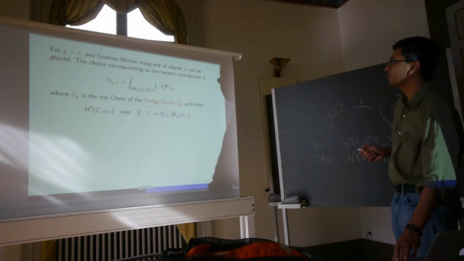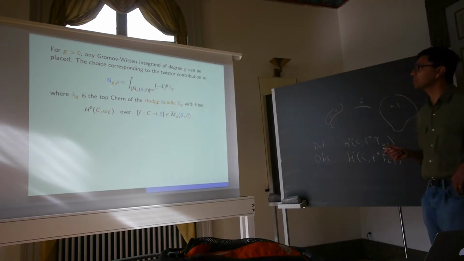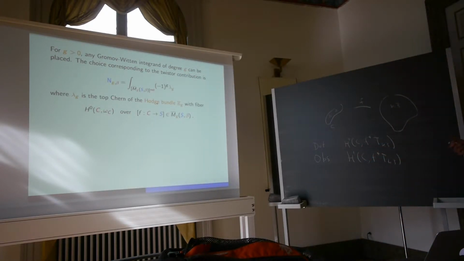And you can view this number, even for positive genera, as the number of genus g curves that occur in this twistor family. Since the dimension is increased, what's put here is the top Chern class of the Hodge bundle. So that's the definition of this count in higher genera.